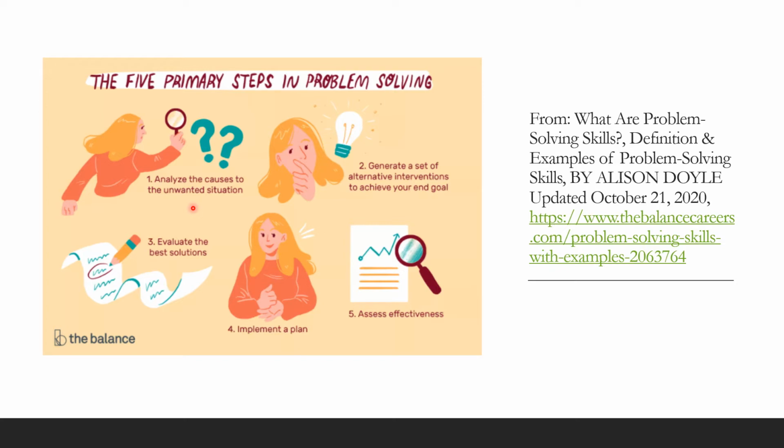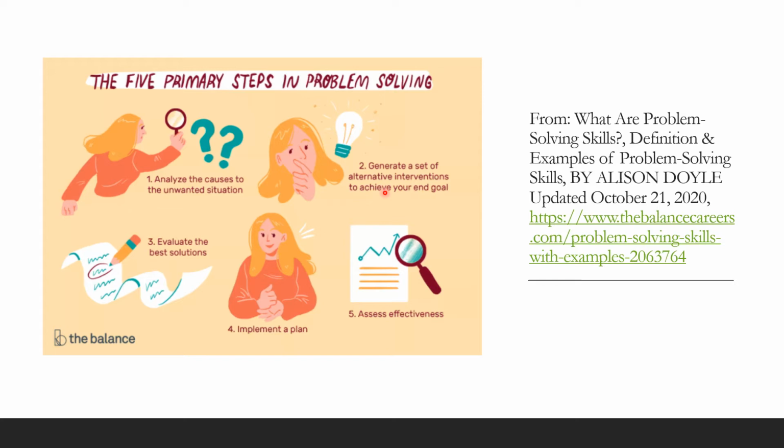So we can find a problem if there is an unwanted situation. Second, generate a set of alternative interventions to achieve your end goal. So you should be able to generate a set of alternative interventions.